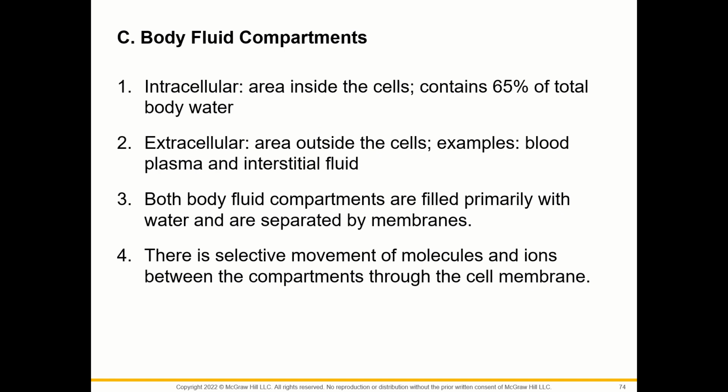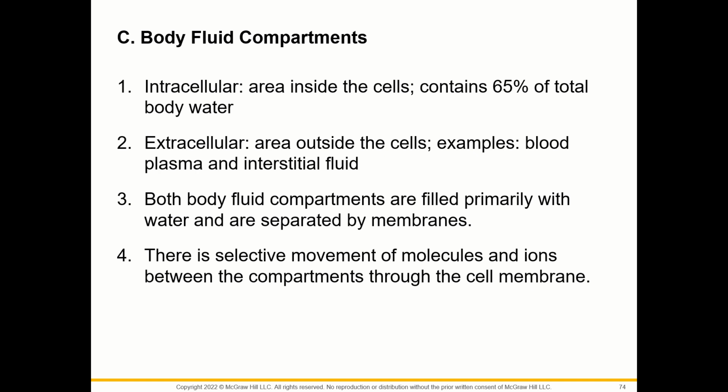All right, so we are watery creatures. We're 65 or more % water, and so the last couple of paragraphs in this chapter talk about the body fluid compartments. And so our water is going to be held intracellularly and extracellularly. If it's intracellular, it's going to be the area inside the cells, and it will contain 65% of total body water. So most of your water should be in your cells.